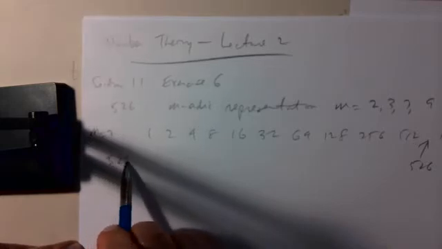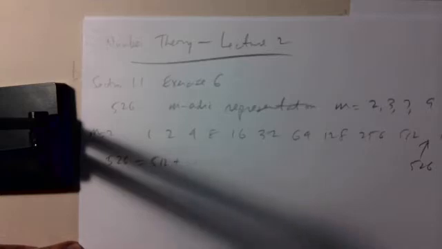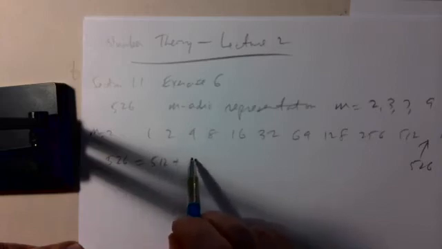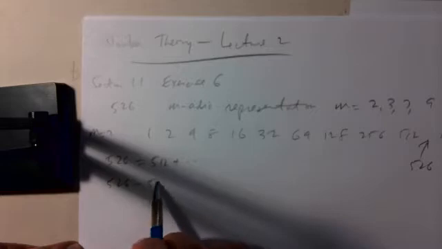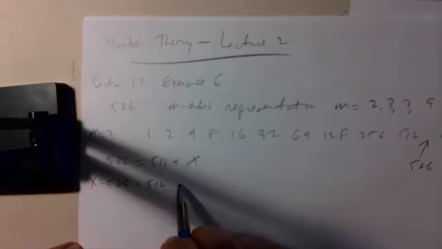So you can take 526 and say, well, this is going to be equal to 512 plus something. And what is the something? Let's just call it X for the moment. This number X is 526 minus 512.